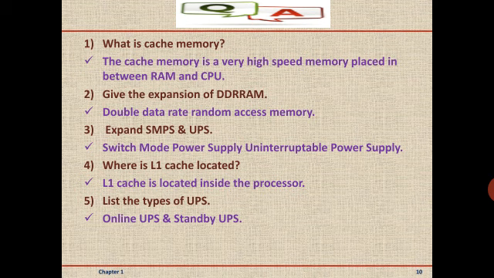In this chapter, 1 mark questions will be asked on expansions, full forms of various terms, whether it is SMPS or UPS, and types of RAM. And 5 mark questions: explain I/O ports, components of motherboard and structure of central processing unit with a diagram.